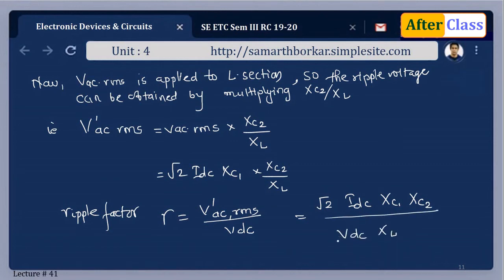So VDC can be written as IDC by RL. So this will cancel out, and we are going to get this. When we further simplify this, the equation will be root 2 XC1 XC2 divided by load resistance into XL.